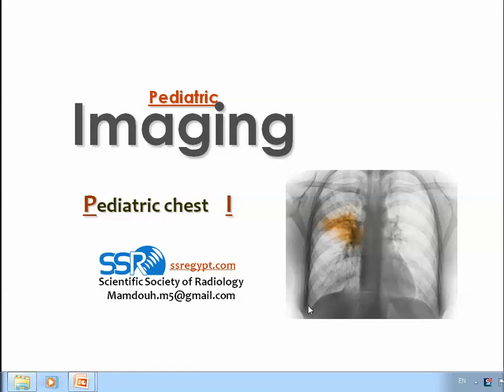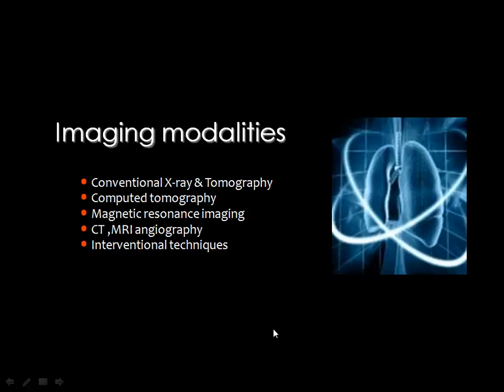Then we'll proceed with the focal pulmonary lesions, and finally we'll discuss the pulmonary masses which are seen in the pediatric age group. Then you know that we have many imaging modalities for evaluation of the chest in both adults and the pediatric patients, including the conventional chest X-ray, the CT, MRI, and some of the interventional techniques.